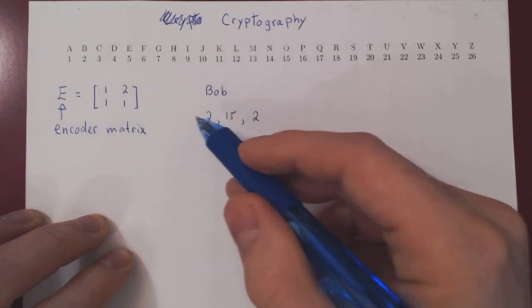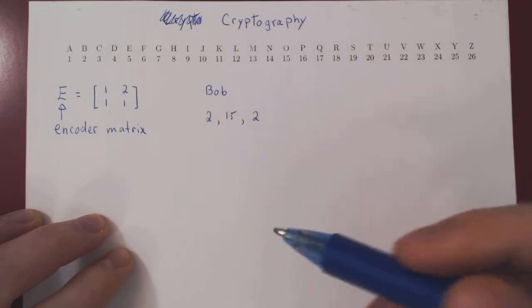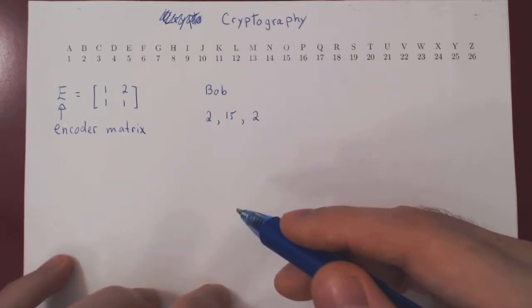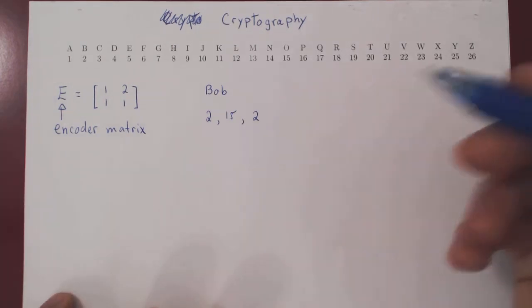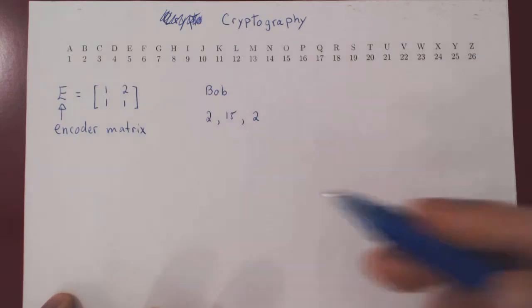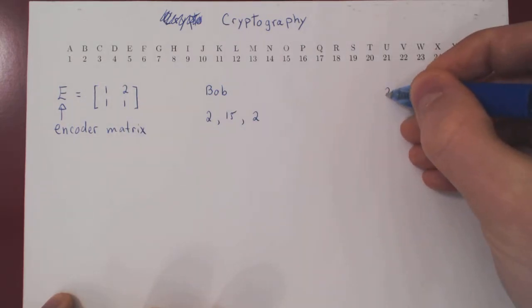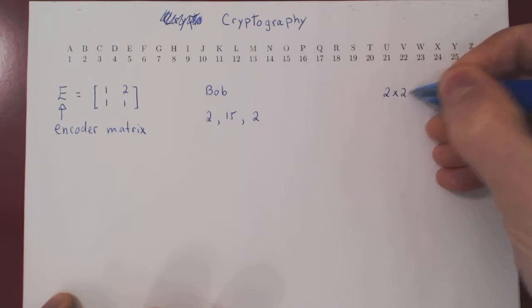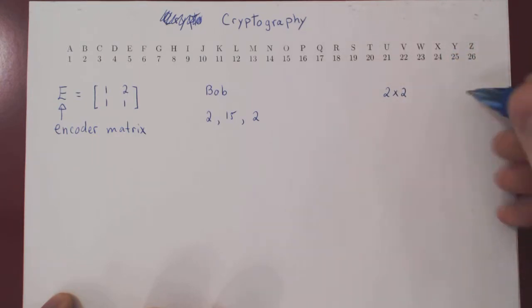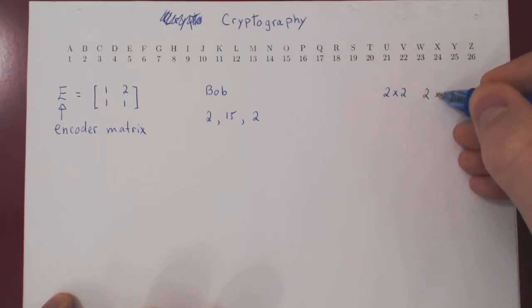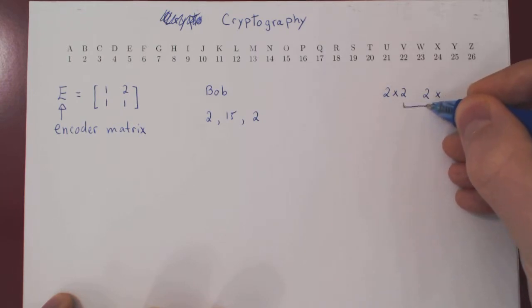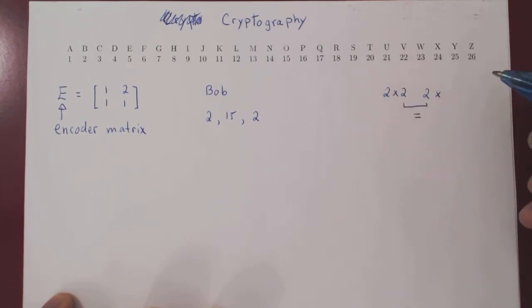So this will transform our numerical message into one that looks slightly more random. Well, we have a 2 by 2 matrix in E. So the other matrix must also be a 2 by something matrix, so as to have a defined multiplication.